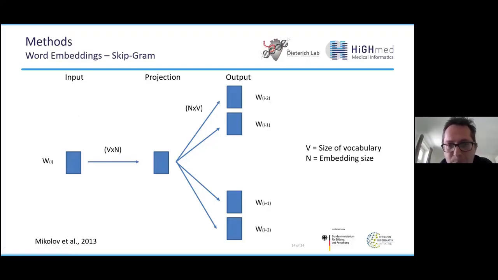In this layer, we don't additionally do anything. This is just the projection. Typically in neural networks, you would apply some non-linear function like sigmoid, some activation function, but this is not done here. In the next step, we take these projections and linearly project them again to the output layer.